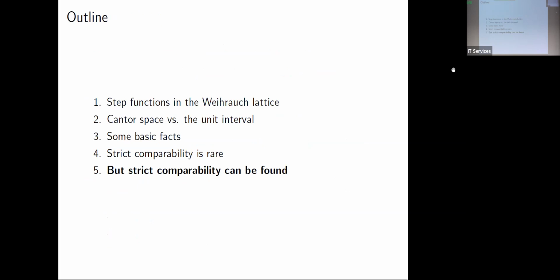And for that, I want to return to those Left-c.e. reals, because in order to make some strict comparability, we have to do a construction. And the easiest way to do a construction is to construct a c.e. thing.